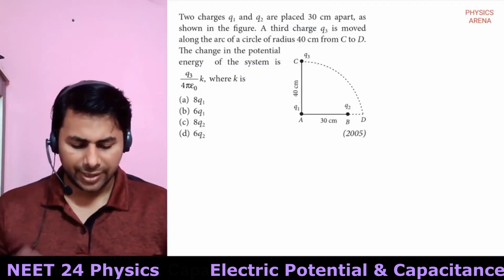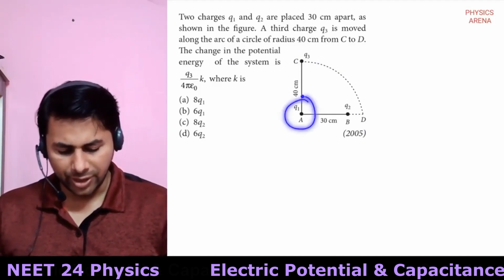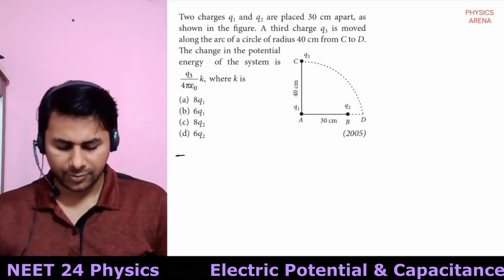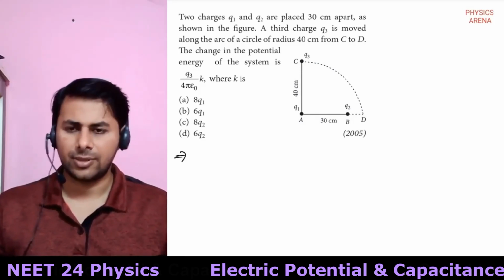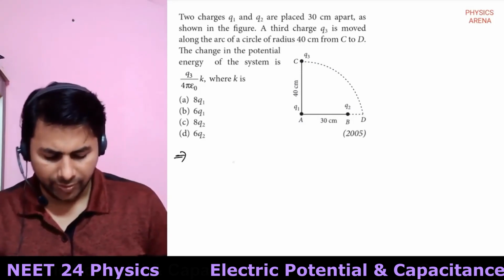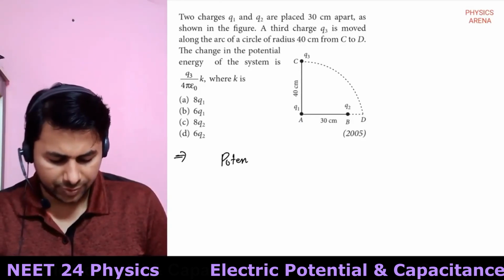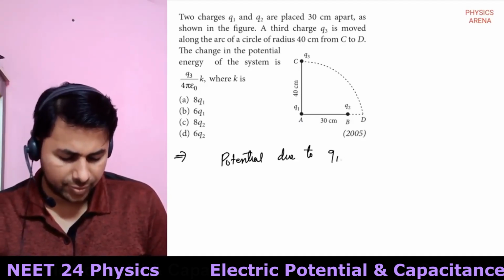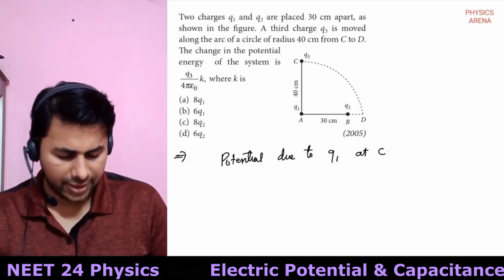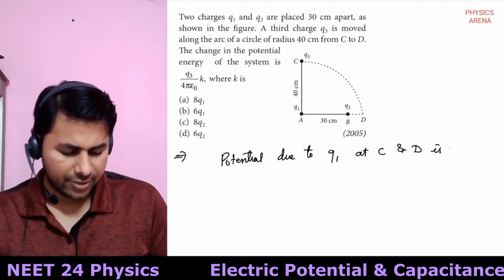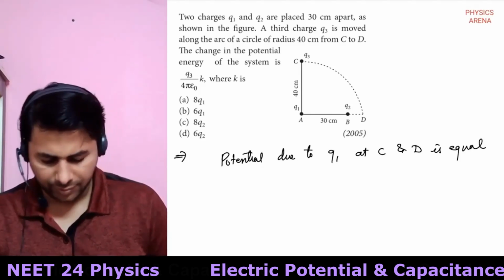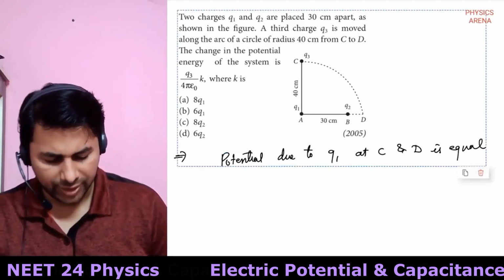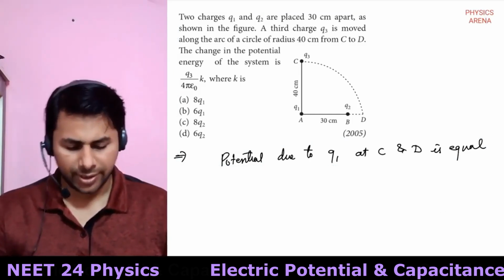Okay, so we can think of it this way: potential due to Q1 at C and D remains the same, right? So I can say potential due to Q1 at C and D is equal. So when you move this charge, will there be any work done against Q1?